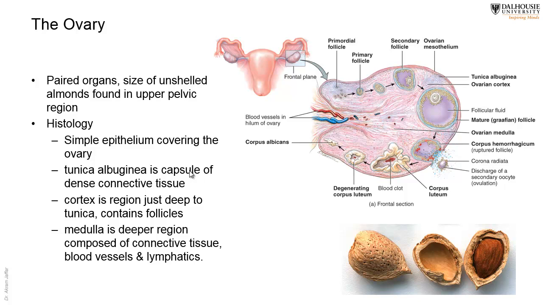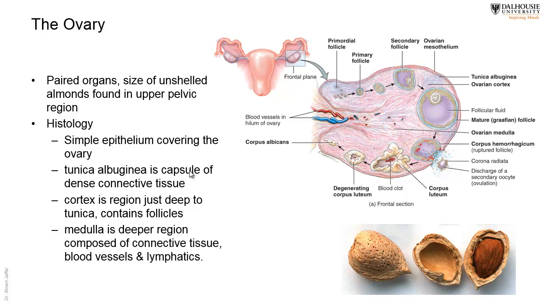So in the cortex, which is just deep to the tunica albuginea, we will find that there are follicles in different stages of development. These follicles start as primordial follicles, and then they will form a primary follicle, secondary follicle, and a tertiary follicle, or the Graafian follicle before ovulation. In the medulla, there is a plexus of blood vessels and some nerves and lymphatics that supply the ovary.